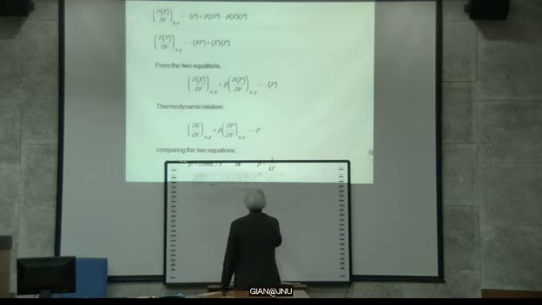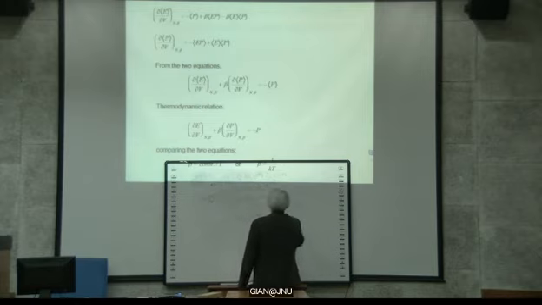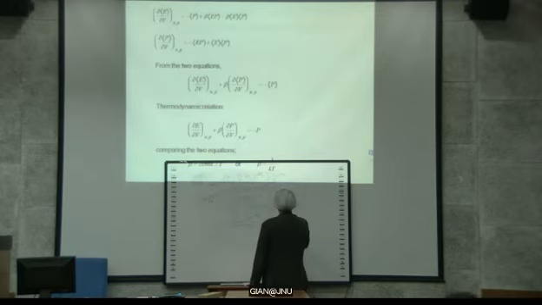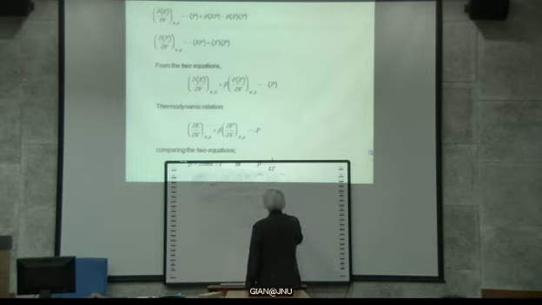This one is the expression of PJ minus this one can be split into two factors. Exponential minus beta EJ. This is again minus PJ plus PJ exponential minus beta EJ.